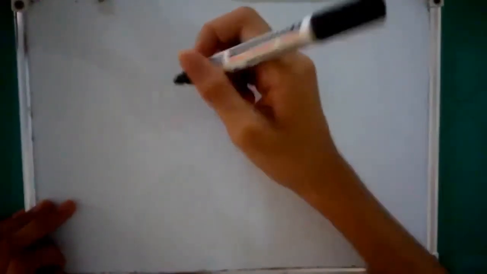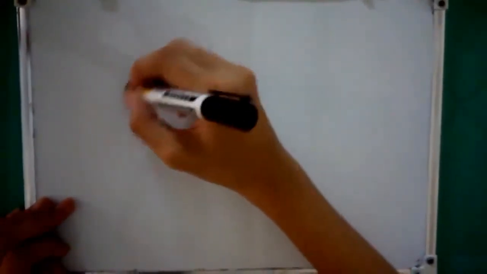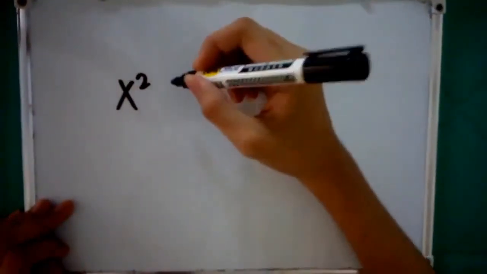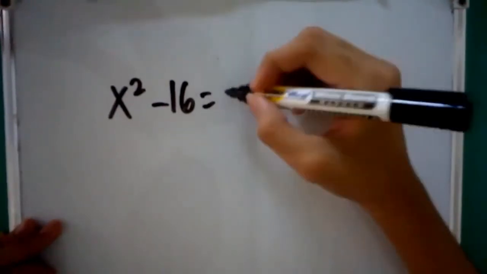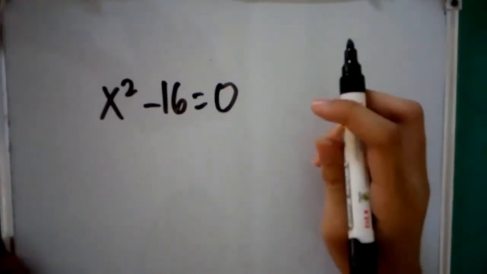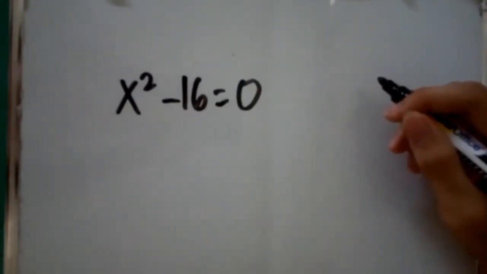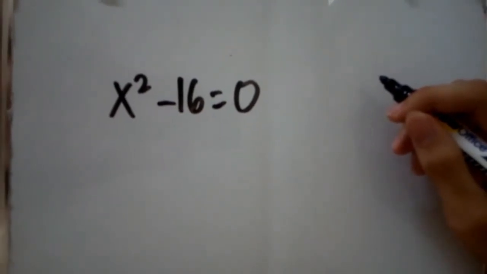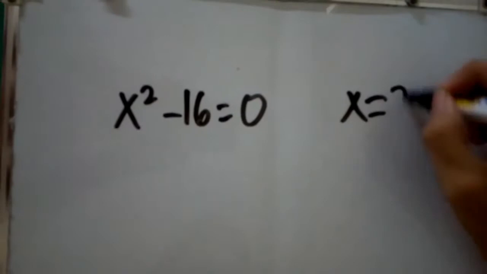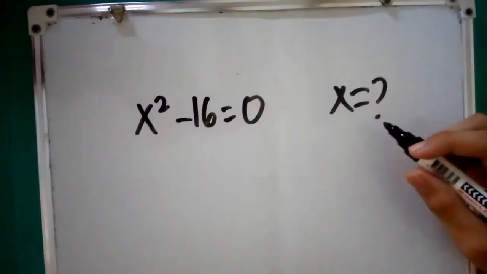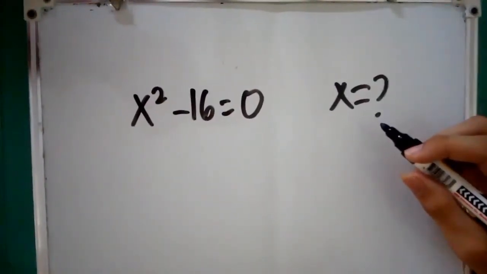And let's give one example. Let's say x squared minus 16 equals 0. Solve by extracting the square root, we need to find the value of x. We need first to isolate our variable.